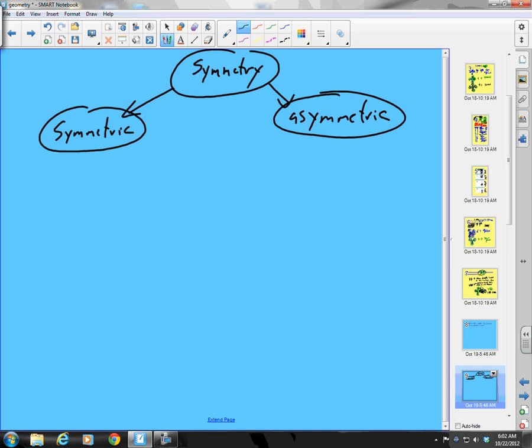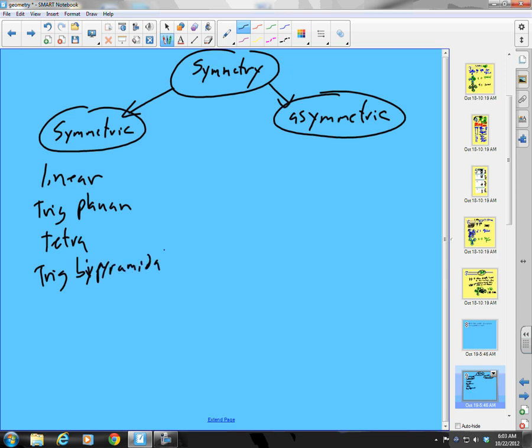Good. So let's add some shapes here. Linear, that is symmetric. Trigonal planar, that is symmetric. Tetrahedral, that is symmetric. Let's see what else. Trigonal bipyramidal, that is symmetric. Octahedral, symmetric, and square planar, which will leave what?